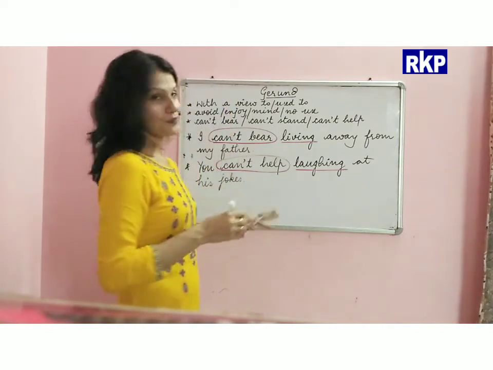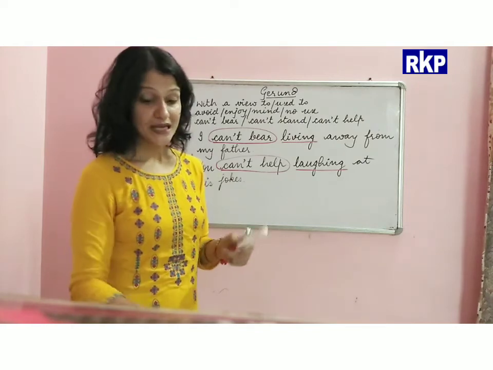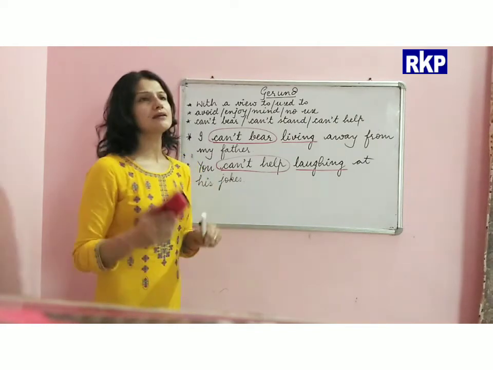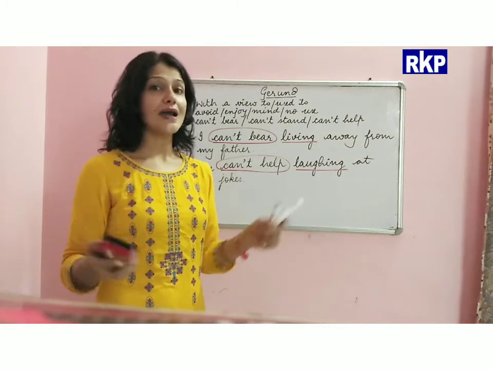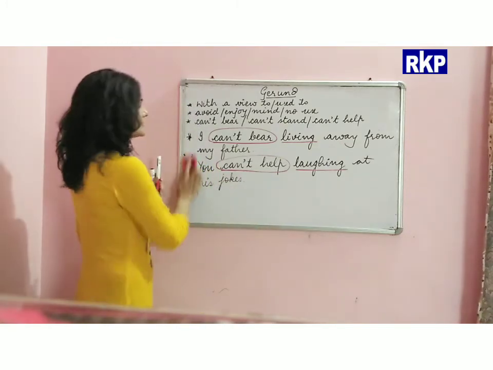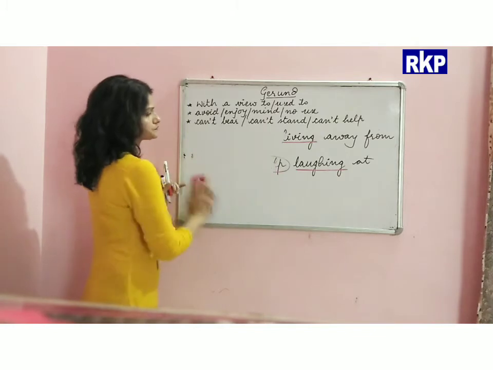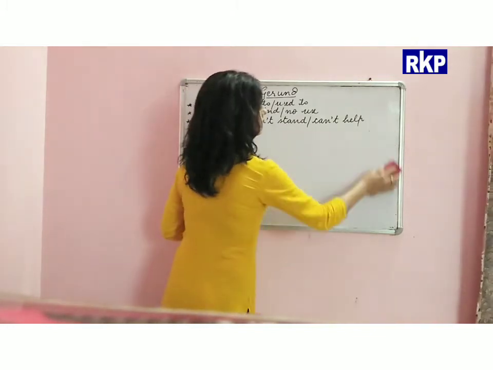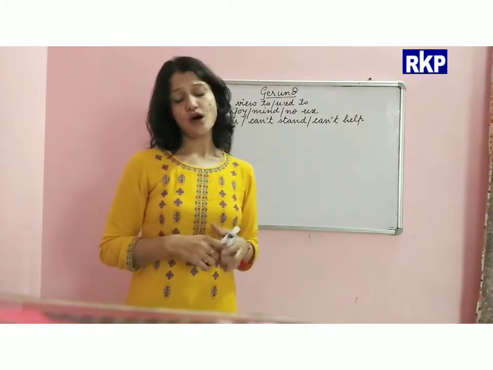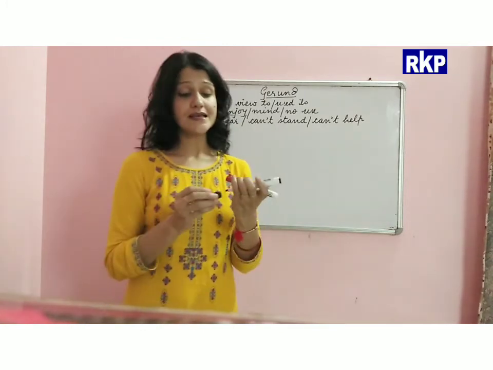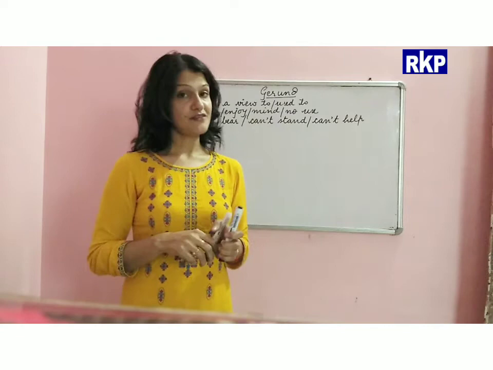Alright, so I hope this is very clear and you will be using these expressions in a correct way while communicating. So next is that gerund can be used when we write sentences in passive form.